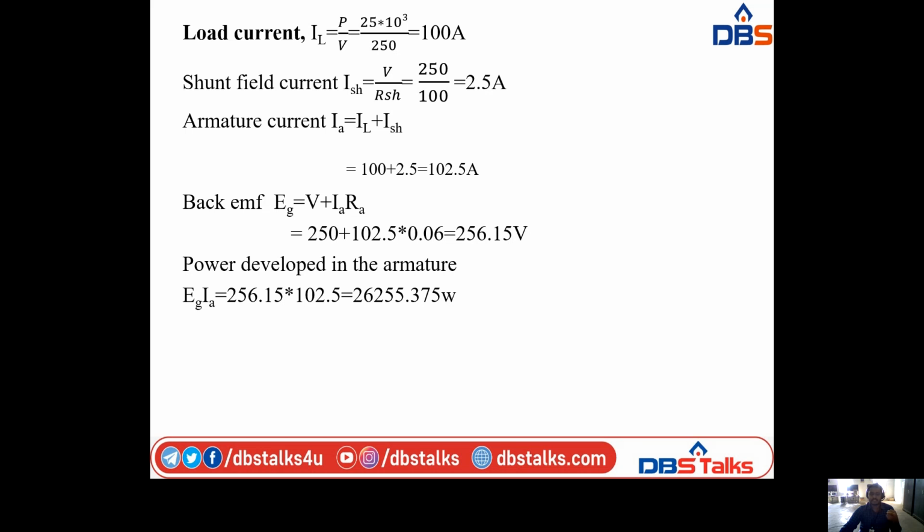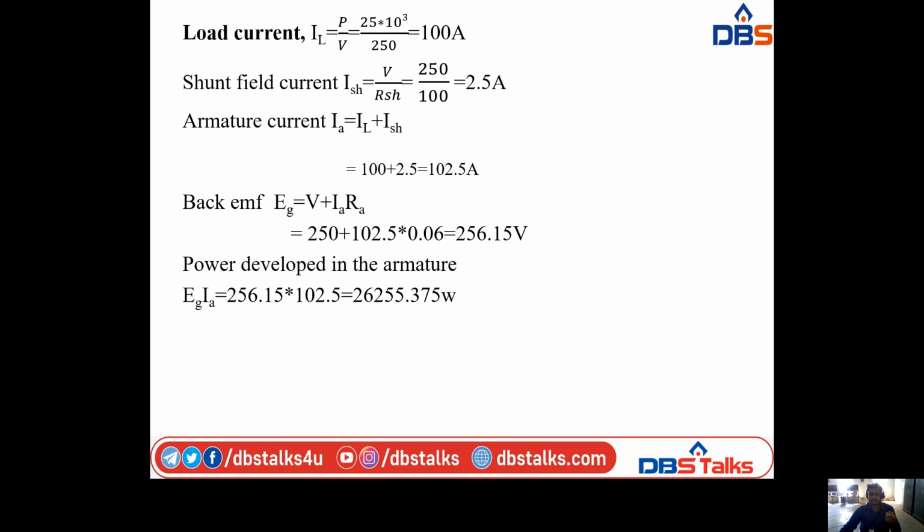And the generated EMF for a DC generator, Eg, is equal to V plus IaRa. So substitute the voltage value 250, that is the supply voltage, plus the Ia value, that is 102.5 amperes, into the Ra value of 0.06 ohms, which is already given. Finally we have the generated EMF Eg equal to 256.15 volts. And power developed in the armature, this is the main thing.